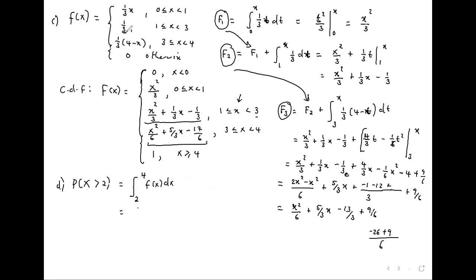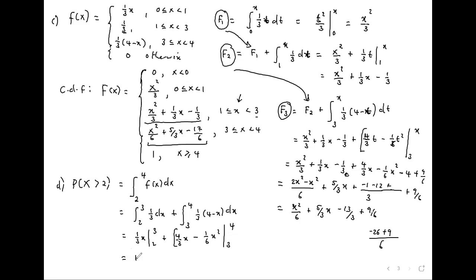So you get the integral from 2 to 3 of 1 over 3 dx plus the integral from 3 to 4 of 1 over 3 times (4 minus x) dx. So this will give us now the normal probability. So that will be 1 over 3 x from 2 to 3 plus 4 over 3 x minus 1 over 6 x squared, running from 3 to 4.